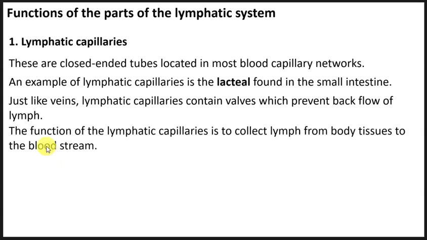Then we are saying that the function of the lymphatic capillaries is to collect lymph from body tissues to the bloodstream, or rather to the lymphatic collecting vessels.